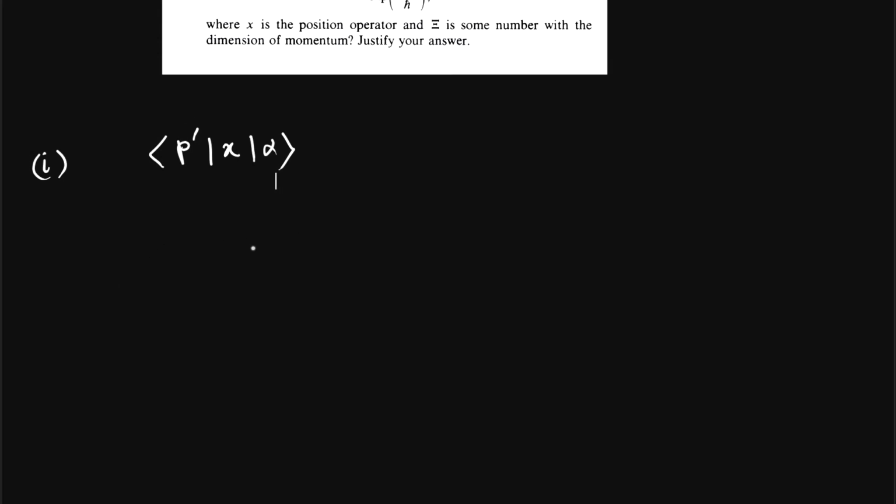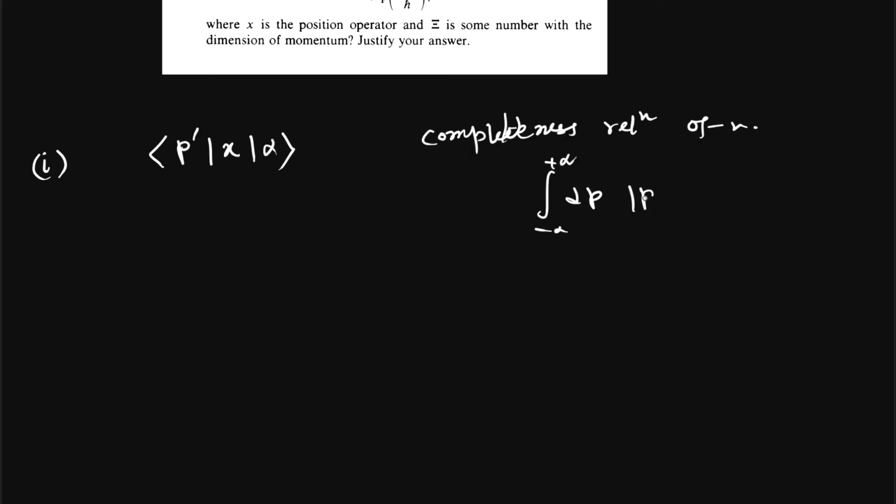To do so, let us use the completeness relation of the momentum operator, that means integration minus infinity to plus infinity dp |p><p| is the identity operator.